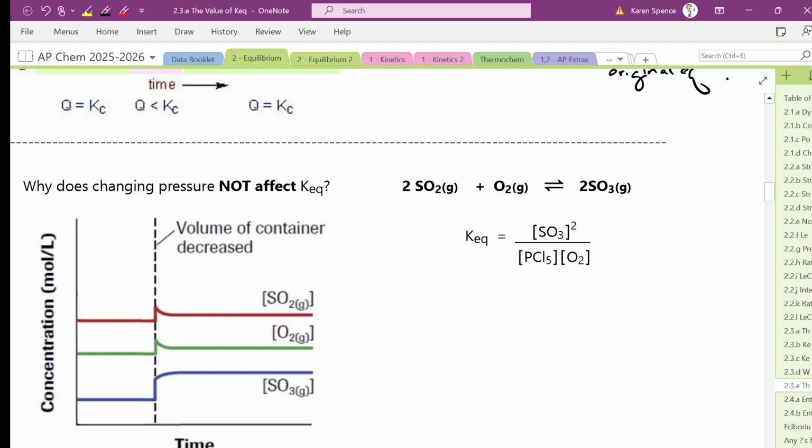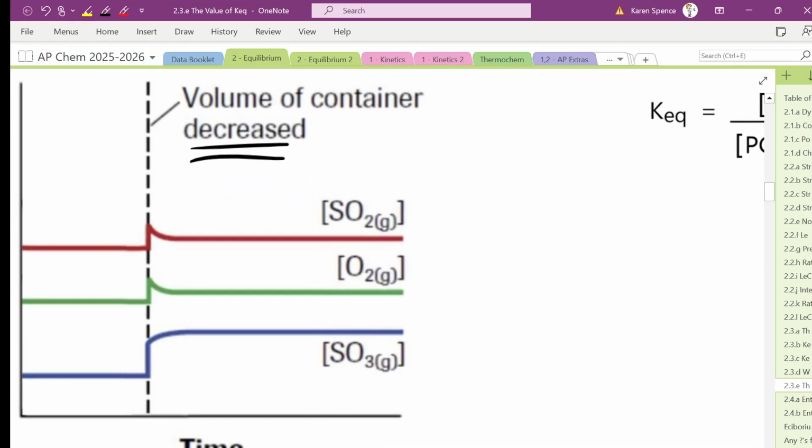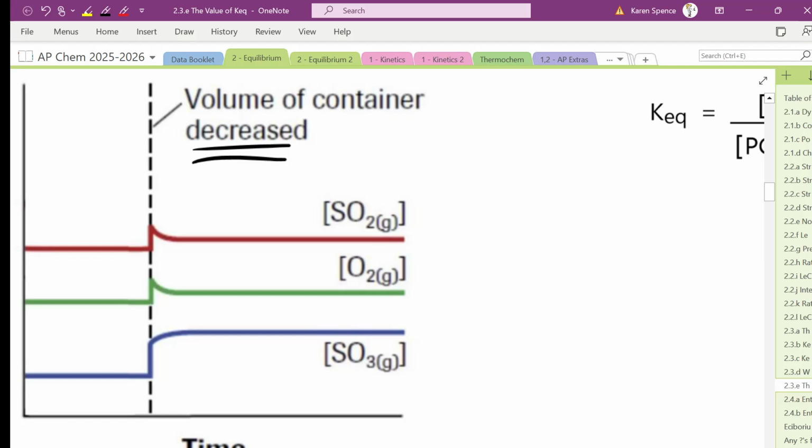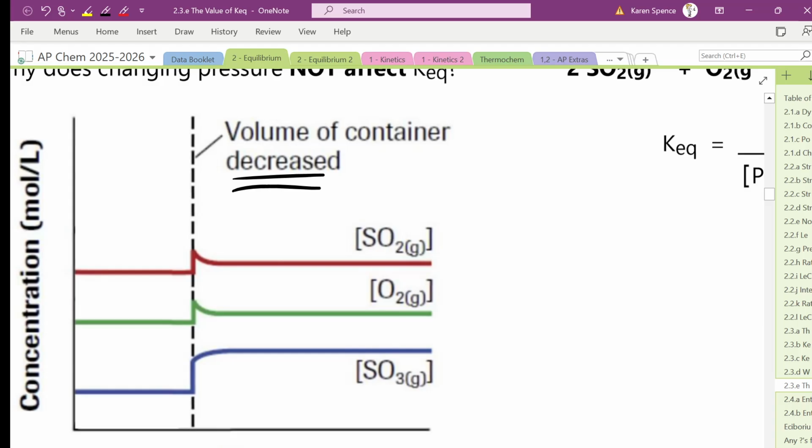Well, if we look at changing the pressure, if we decrease the volume, what happens to all of the pressures, or all of the concentrations? Everybody should be telling me this right away.